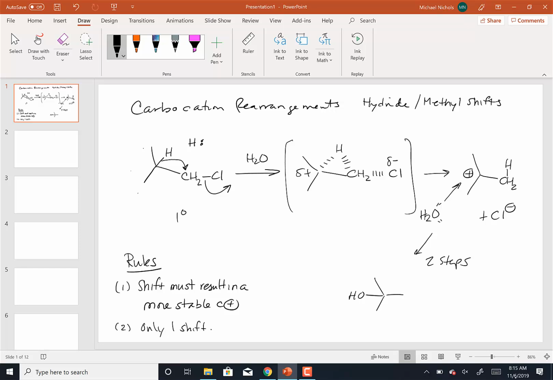Because you could say, well, couldn't I rearrange multiple times? No. Not under our rules. So those are the rules. This is sort of the exceptional system because this is kind of extreme. There's no carbocation to begin with that we're shifting. We're shifting from a primary system into a tertiary or a secondary carbocation.